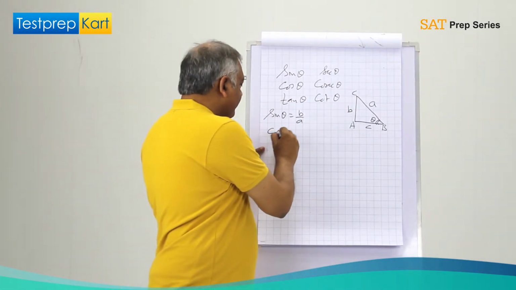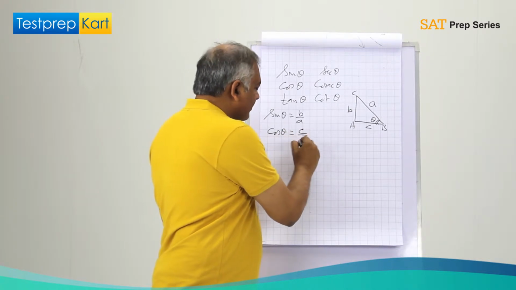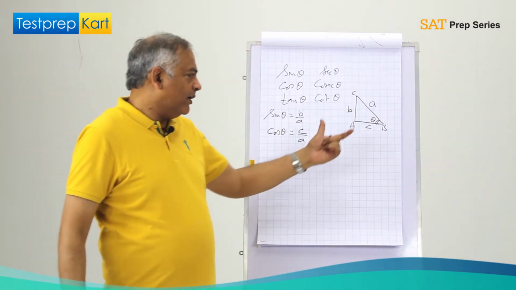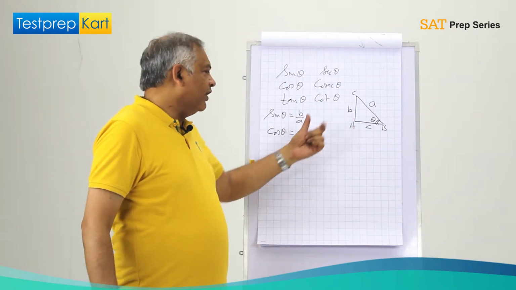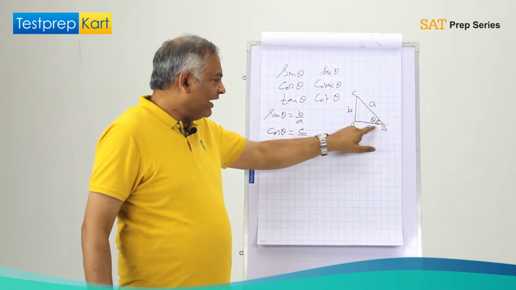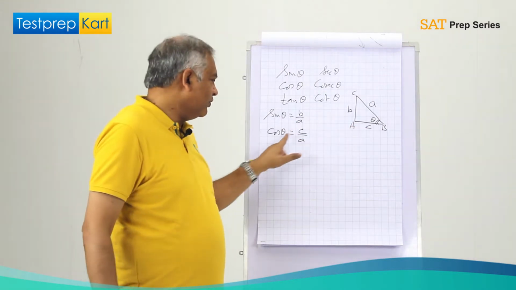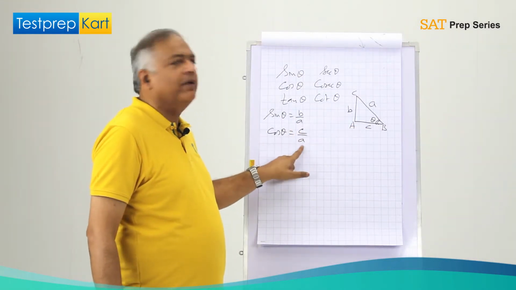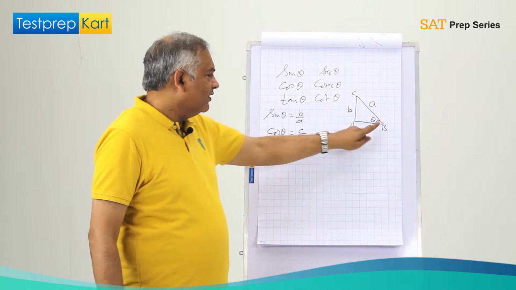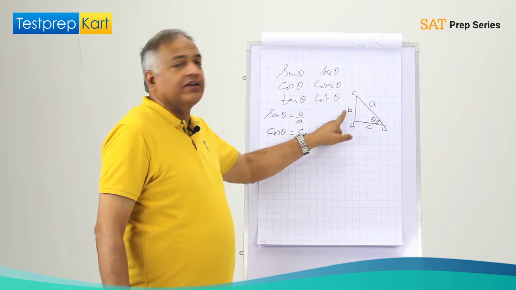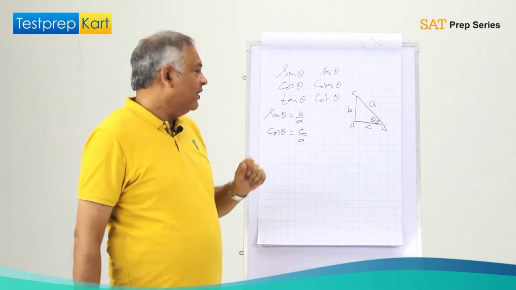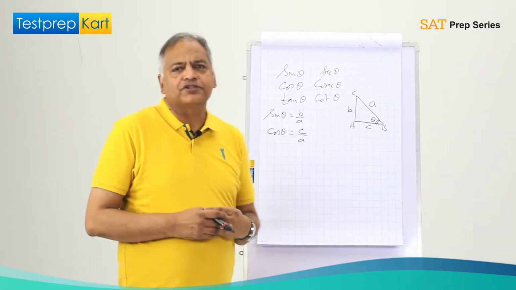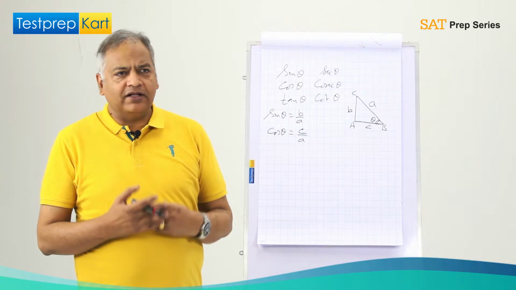Cos theta will be equal to C divided by A. You can always recall these values because for this theta, the adjacent side is C, and therefore cos theta is adjacent divided by hypotenuse. Sin theta is the side opposite to this angle, so opposite divided by hypotenuse.